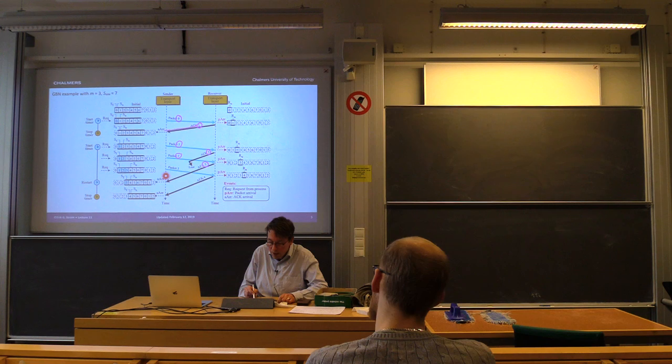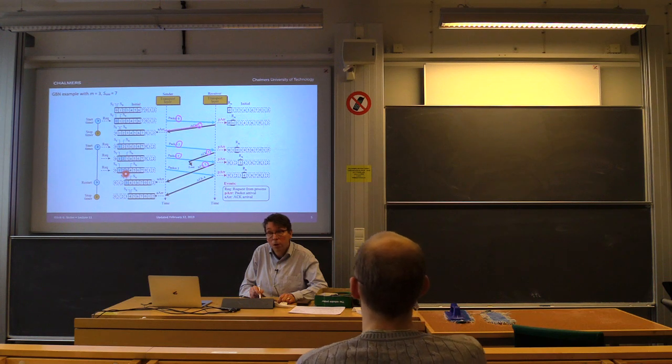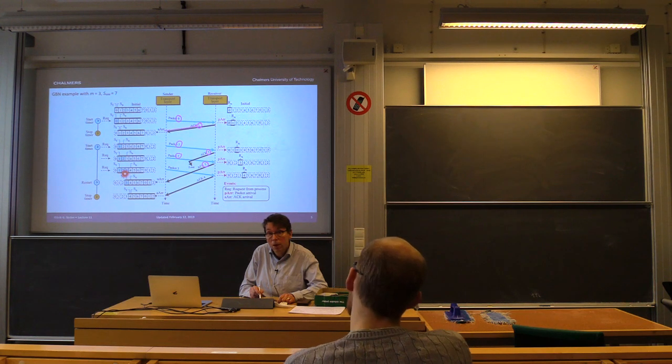At this point in time, the transmitter has sent packets 1, 2, 3, which are not yet acknowledged. So it has no idea about the status of these packets, but then it receives an acknowledgement with acknowledgement number 3.